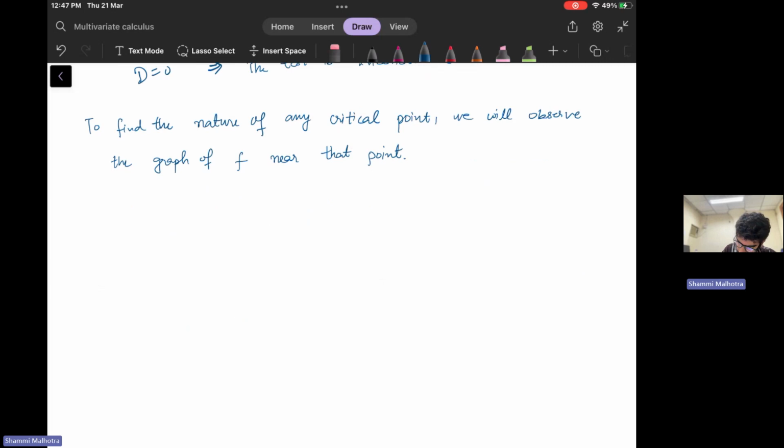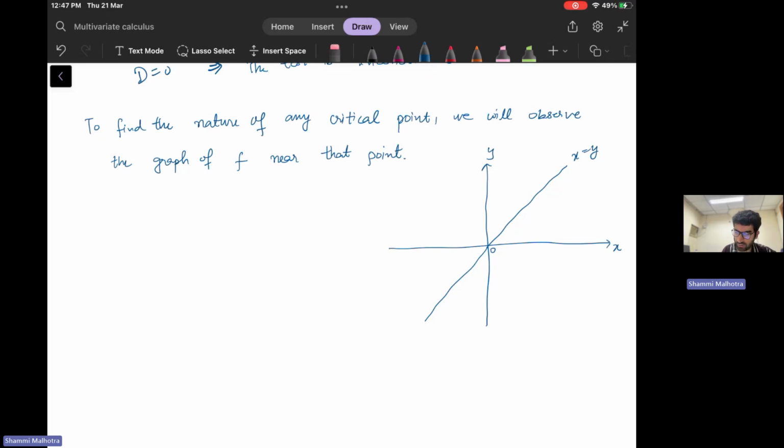So my f is x minus y square, and my critical points are, this is x, this is y. So this is the x equal to y line, which is the line of critical points.